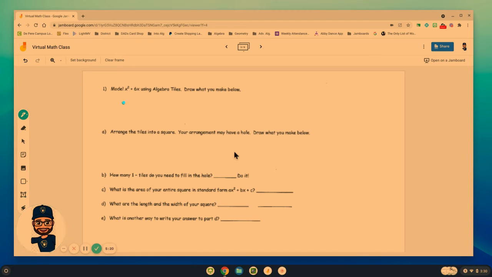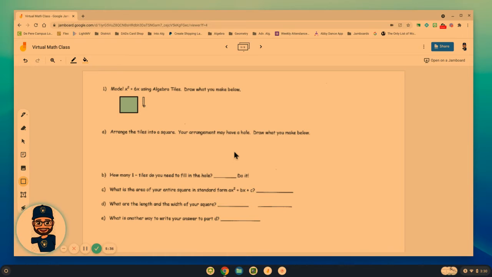Well, we start by utilizing, and I'm going to utilize the actual drawing tool here, a square, maybe like that, to represent x squared. And then, let's use a different color.